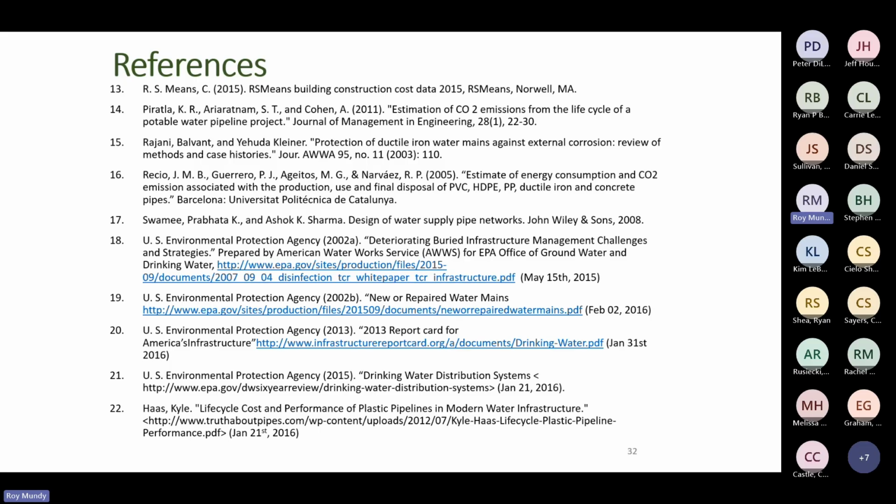But the excavation, clearly, you want to try to have a smooth trench. You want to take away what we call the local stressors in terms of protruding rocks, in terms of damaging the pipe before you put it in, and all those kind of things, which again will be in the next presentation.